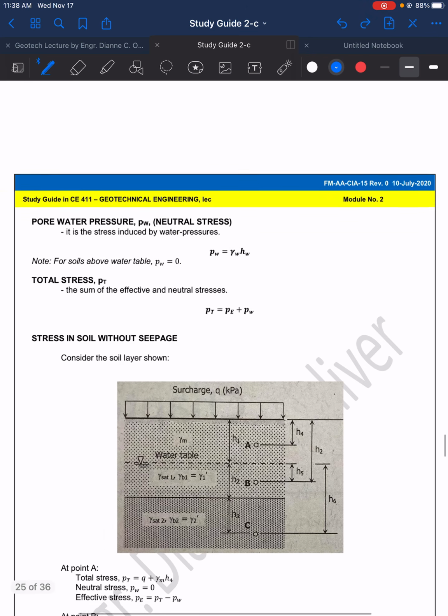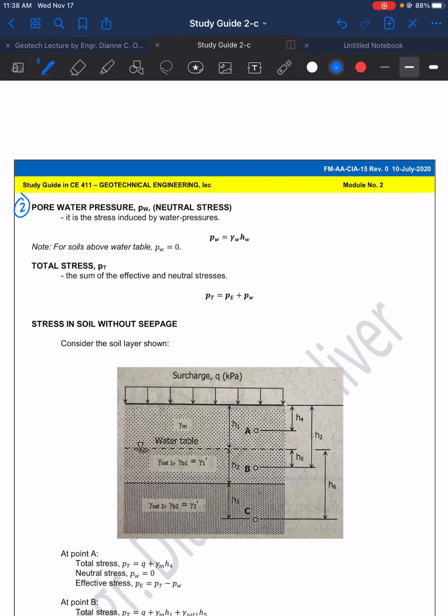Now here's the second, the pore water pressure, or that is the neutral stress. It is the stress induced by water pressures, and the formula is P sub W is equal to gamma of water multiplied with the height or H sub W. Now, we need to take note that for soils above water table, PW is equal to 0.